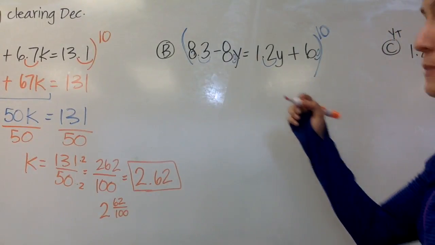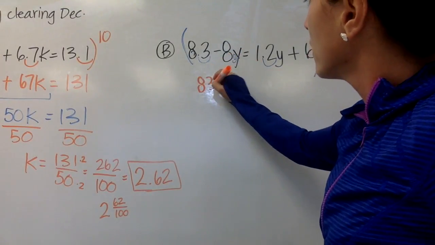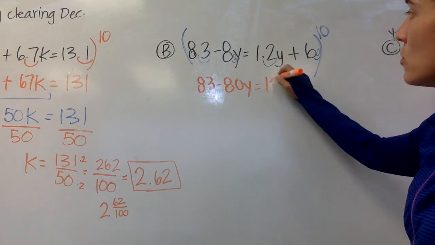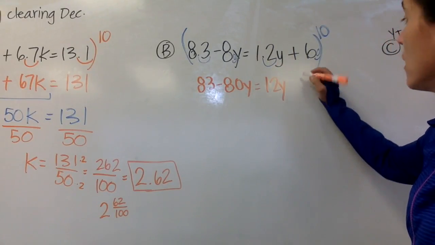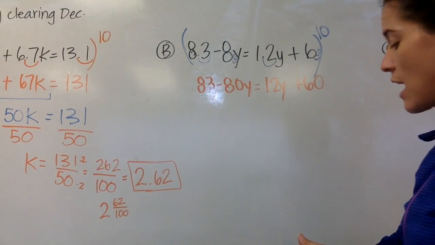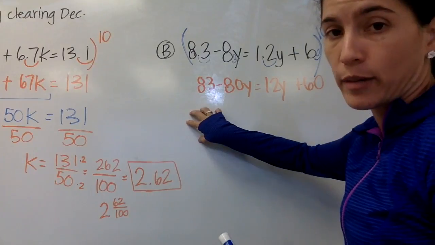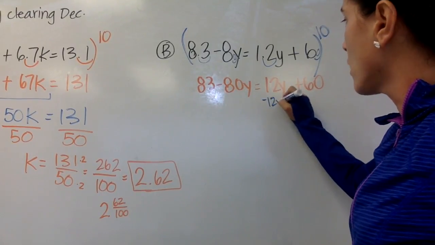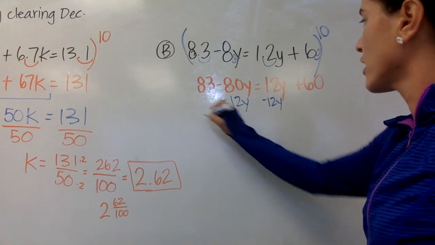I have 83 minus 80y equals 12y plus 60. I have variables on both sides, so I have to move my variable over. I can't just combine them. So I'm going to have to subtract 12y to combine my variables.